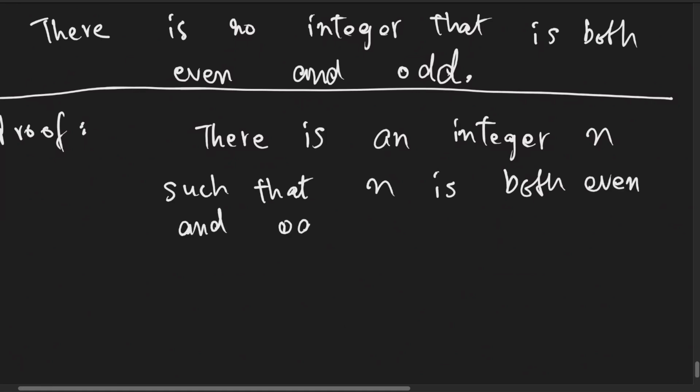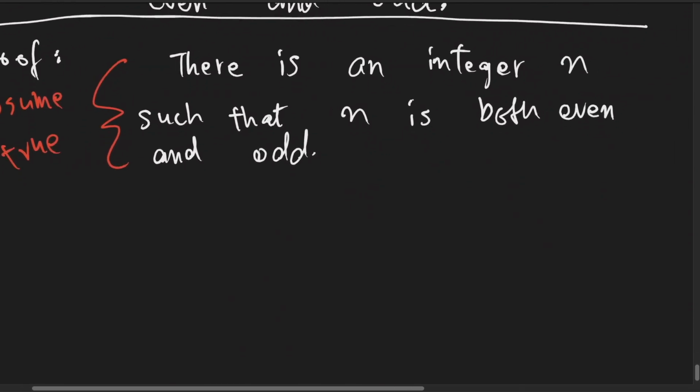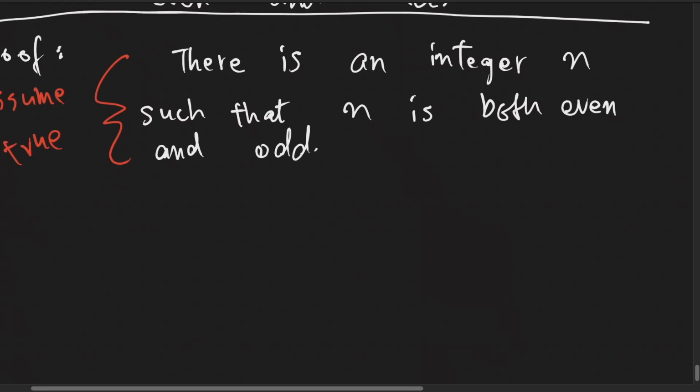You'll assume that this statement, the negation, is true. Let's just say assume true. And now we have to deduce a contradiction. So there is an integer n such that it is both even and odd.